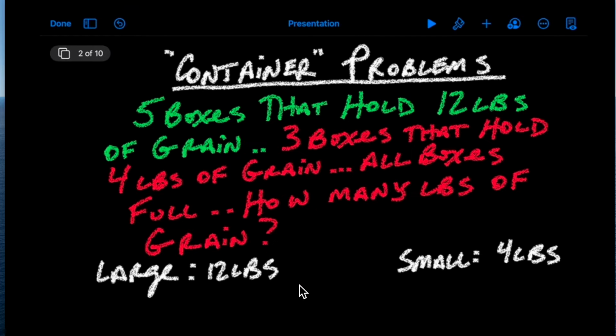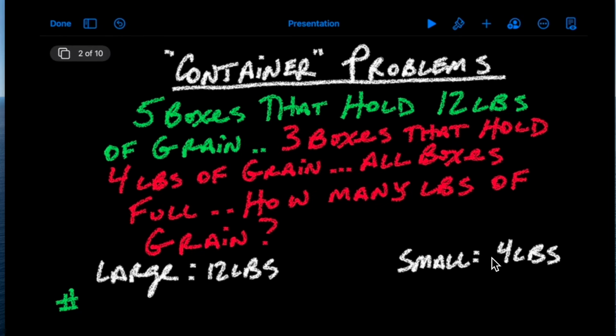So the way to figure out the contribution of the large boxes and the small boxes is to multiply the number of boxes you have that are large times 12 and the number that you have that are small times 4.